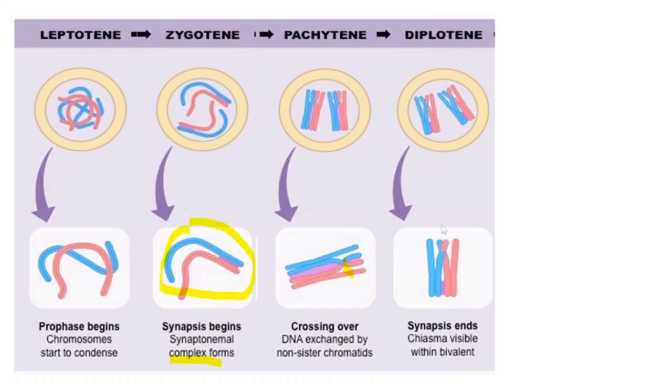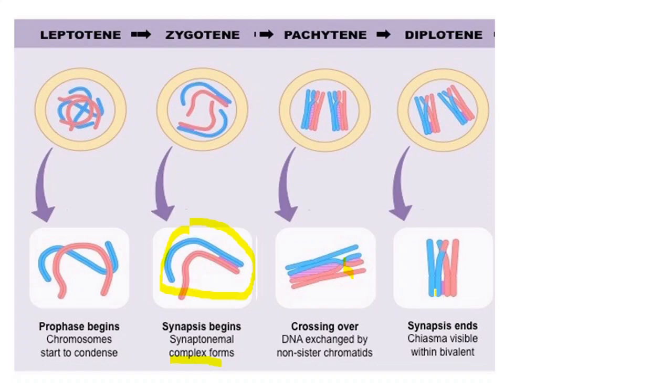So when we have reached diplotene, what happens in diplotene? You can see the synapsis ends. Now this exchange has taken place. As I told you, a portion of red has come over here into the blue, and a portion of blue has gone over here into the red. As an example, just a small portion is shown.